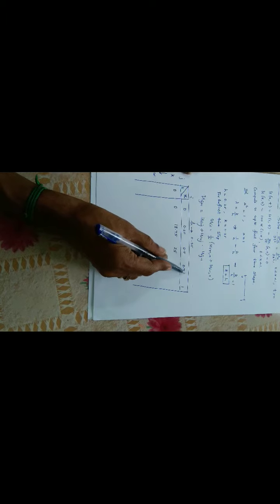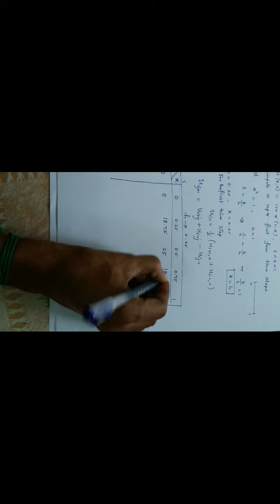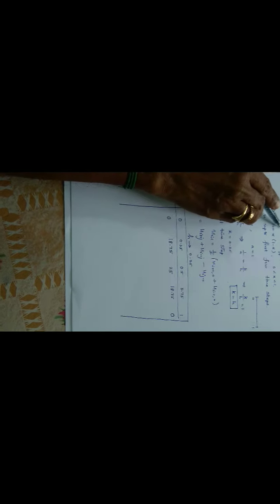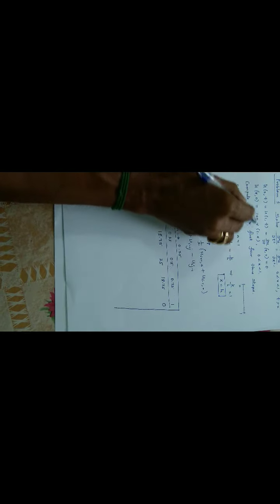And next, if I substitute 3 by 4 or 0.75 in this condition, you will get 18.75. You can observe that symmetry is preserved. Of course, these two extreme values are 0, that is also a given condition. So this is what I am calculating using the given condition.